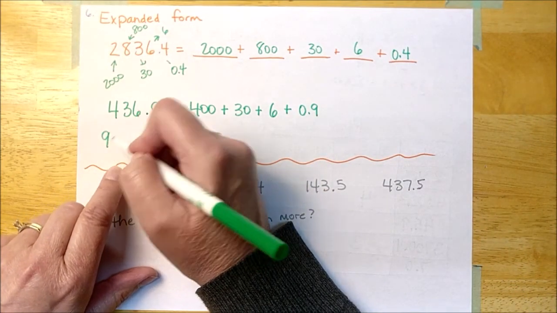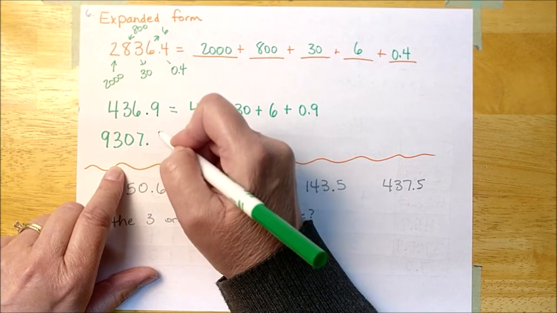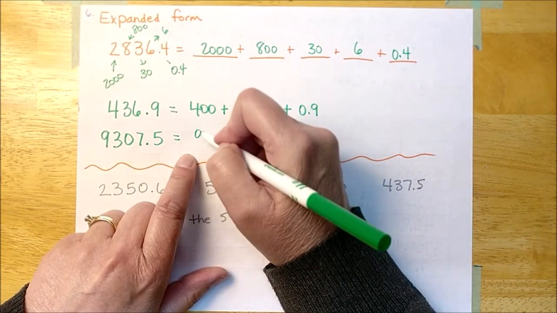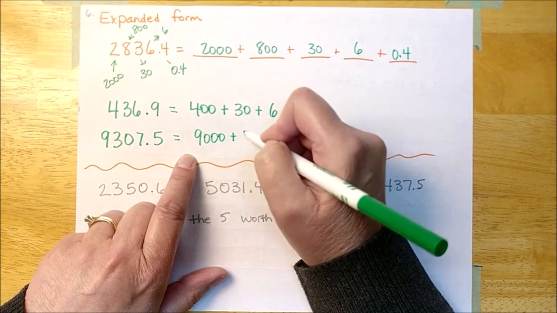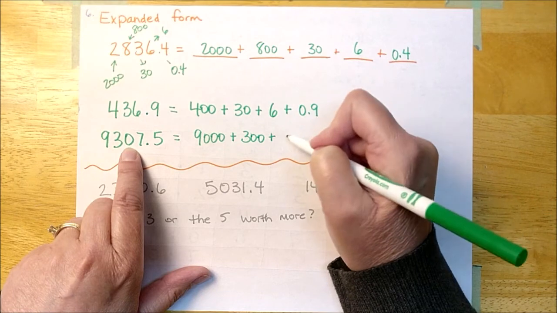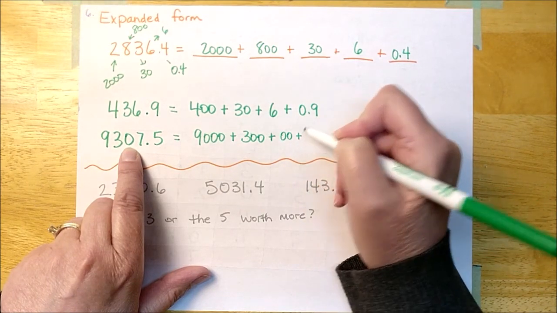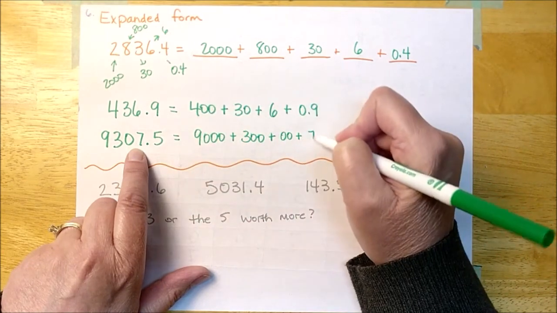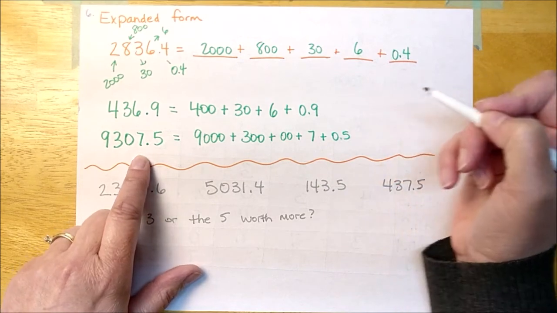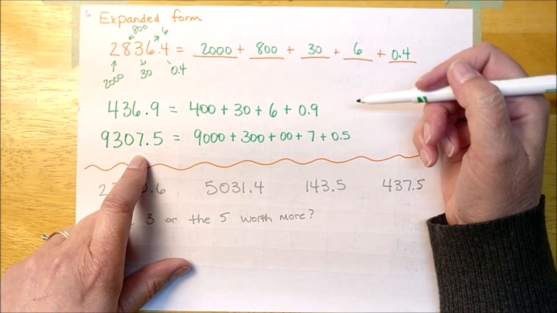Let's do 9,307 and 5/10. So I have 9 thousands plus 3 hundreds. I don't have any tens, so some people like to go like this. You don't have to. You can put it there, but you don't have to. 7 ones and 5/10. So that's how you would take a number and put it into expanded form.